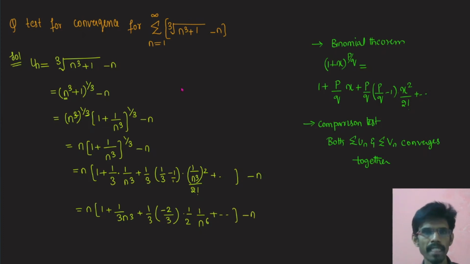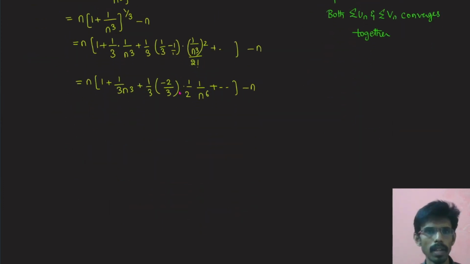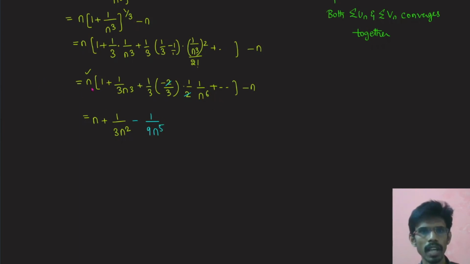Minus n. Now multiply this n inside: we have n plus 1 by 3, n cube becomes n square. After multiplying this n to the numerator, the 2 and this 2 will get cancelled. We have 1 upon 3 into 3 is 9, n power of 5, this n power 6 becomes n power of 5 due to the n multiplication, and so on.